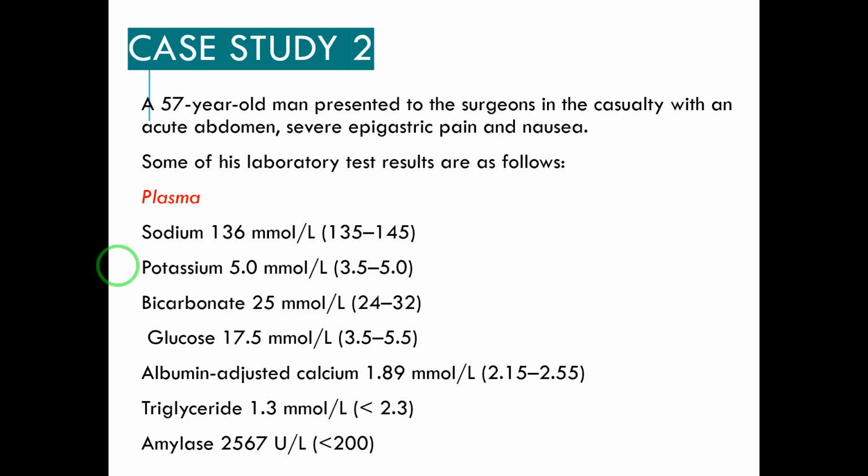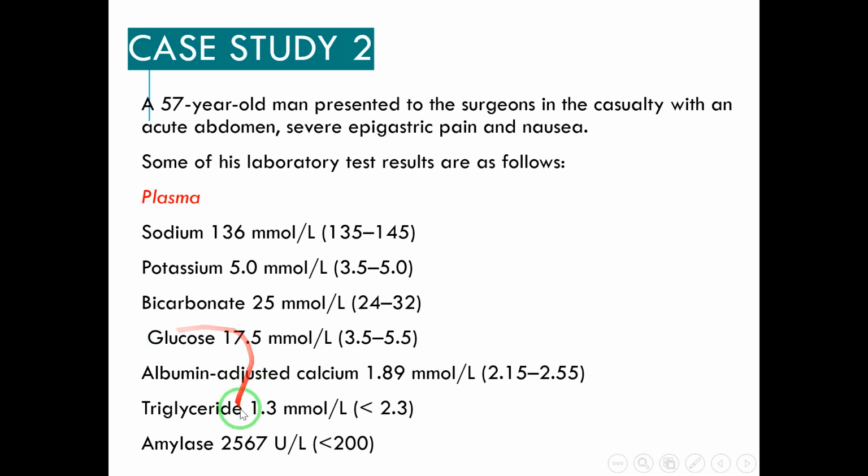The other case is a 57-year-old man who presented to the surgeon with acute abdominal pain, usually with nausea, and the location of the pain is in the epigastrium. A blood test was done for him, and we see that the sodium is normal, potassium is normal, bicarbonate is normal, the glucose is very high, the calcium is low, and the triglyceride is normal.